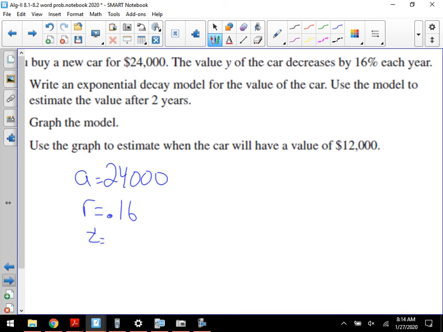So we would have y equals 24 grand times (1 minus 0.16) to the T. Honestly, I rarely, if ever, simplify what's in the parentheses, because I'll screw it up. The calculator can do the work for you. So I would enter that into my calculator exactly the way I wrote it.